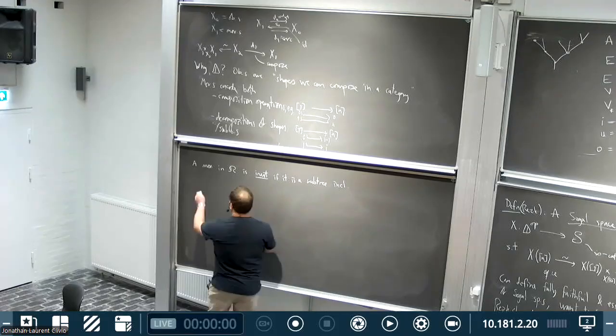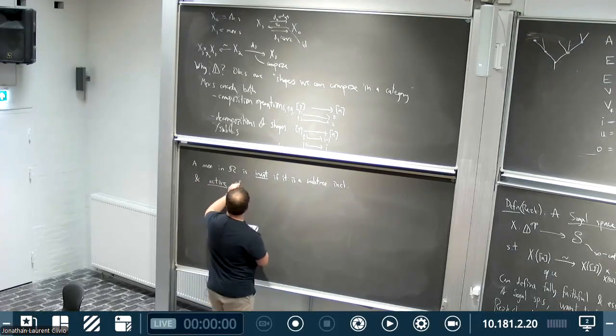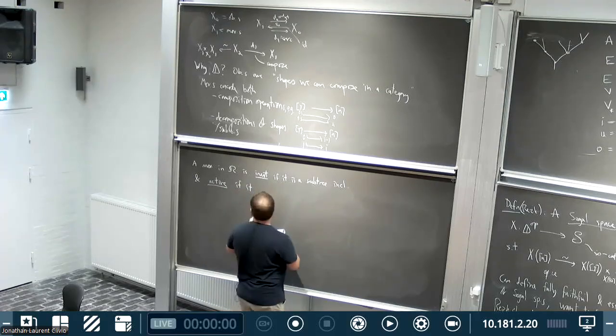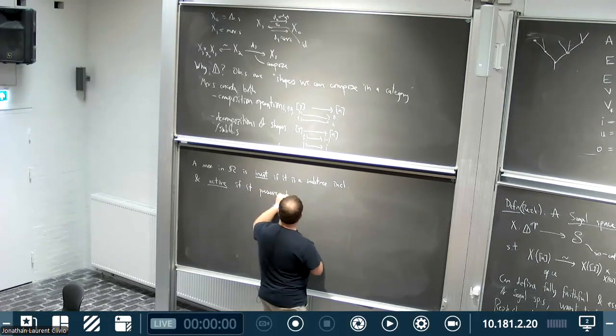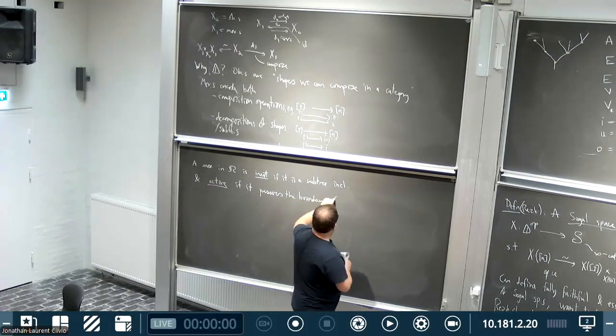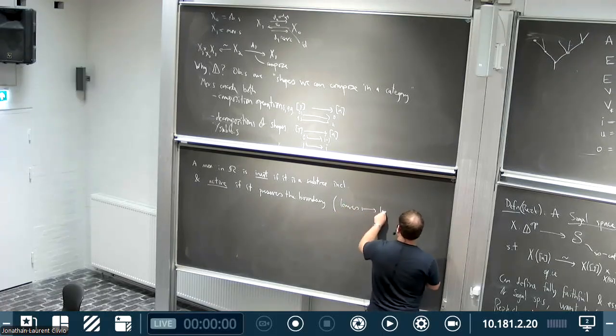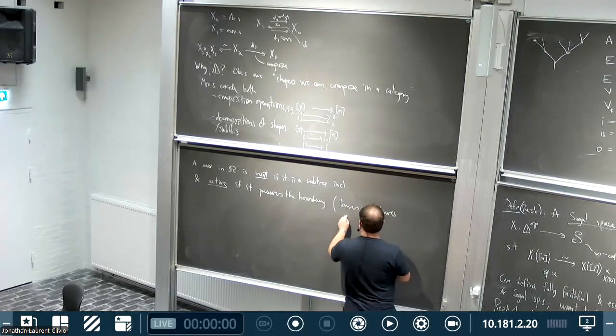And this morphism is active if it preserves the boundary of the tree. So it takes the leaves and the root of the tree to the leaves and the root.